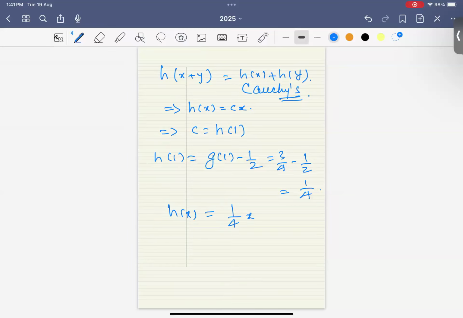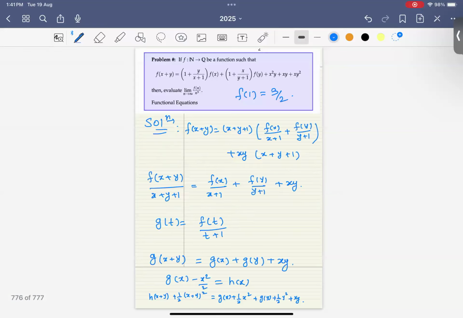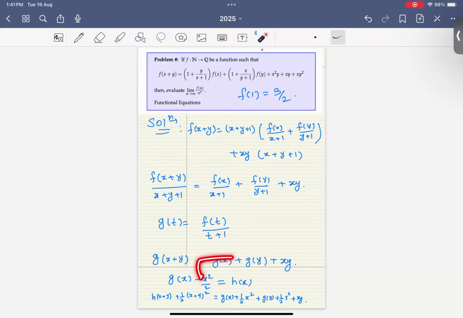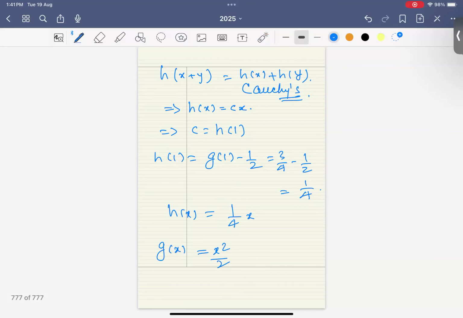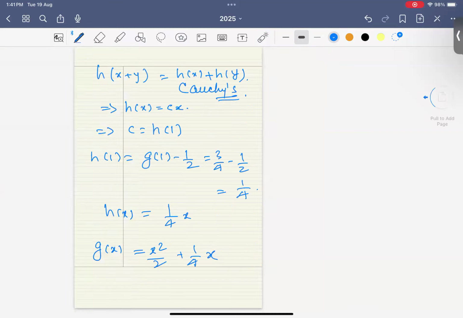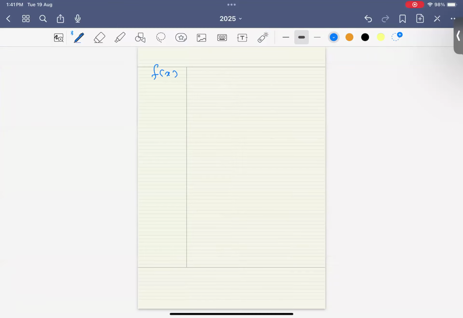And that tells you that g of x is equal to x squared by 2 plus h of x, and h of x was x by 4. Right, something like that. Now that we have found g of x, the question is, can we find f of x? Obviously we can, because we have argued that f of x was (x plus 1) times g of x.